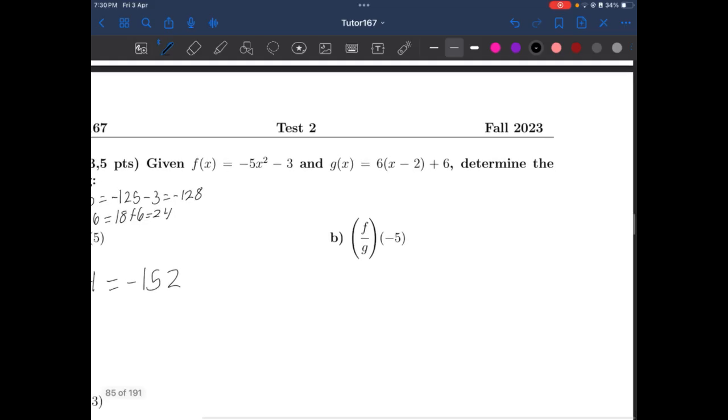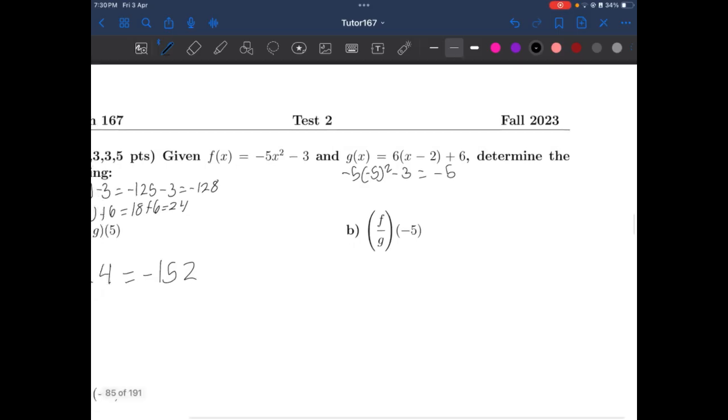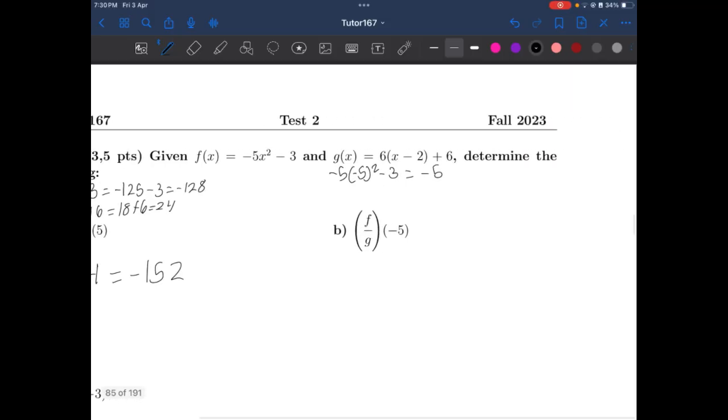Same thing over here, just substitute the negative 5 inside. So that's negative 5 squared minus 3. That's equal to negative 5 times negative 5 squared, which is 25, and then minus 3.